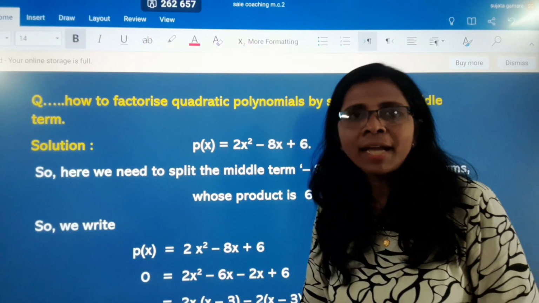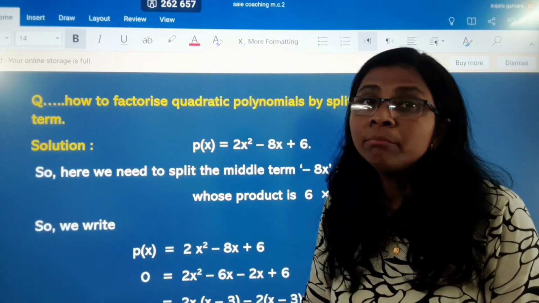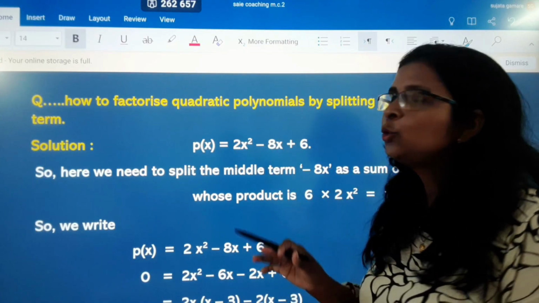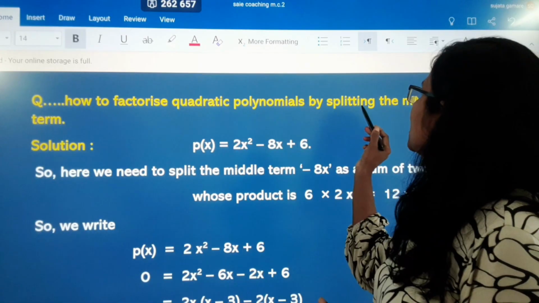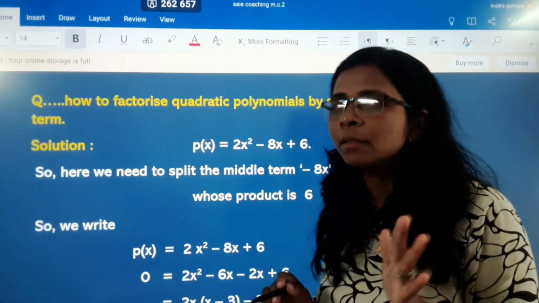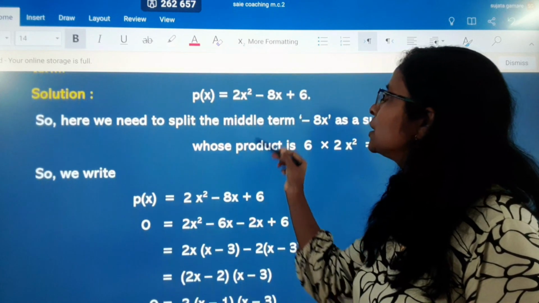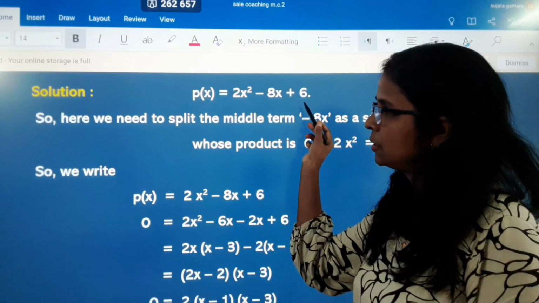We have to factorize the given polynomial using the middle term. This is one method to factorize a polynomial, and that method is known as splitting the middle term. So now the given polynomial is p of x is equal to 2x square minus 8x plus 6.